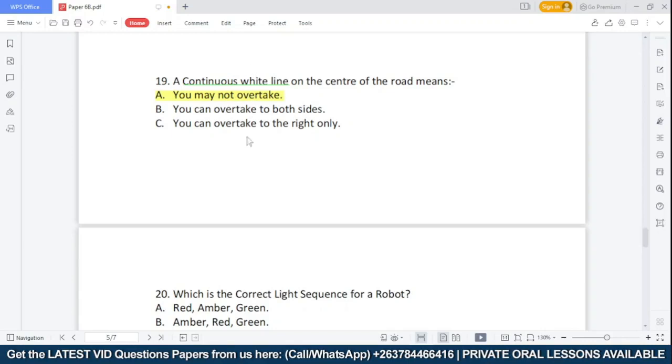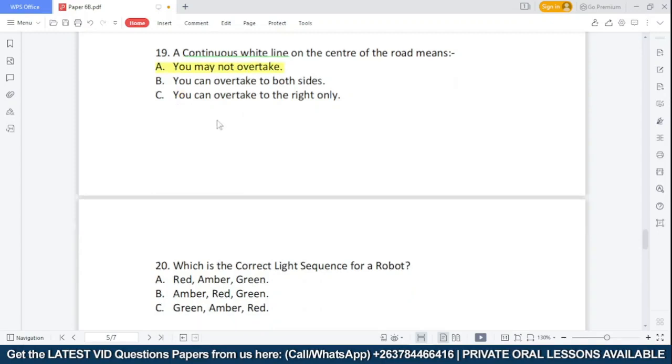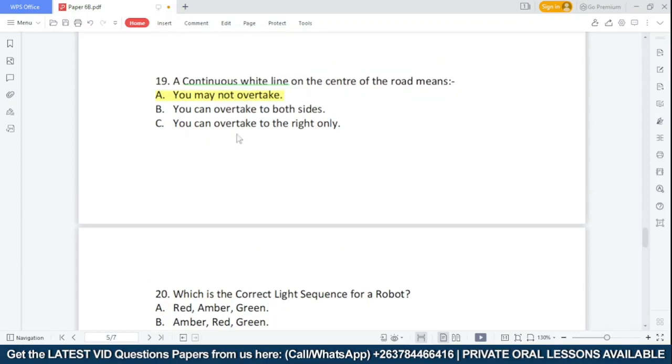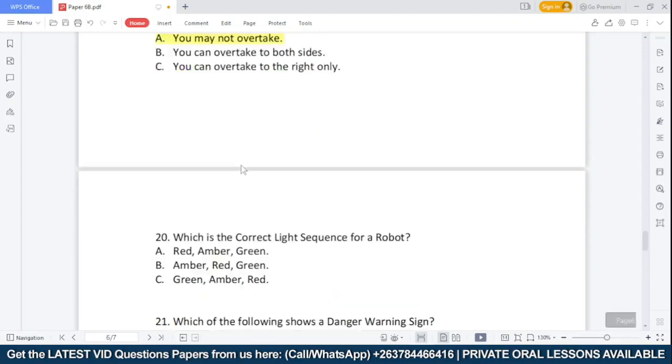What does it mean to you, should you overtake or are you not allowed to overtake? I'll leave that question for another video. I'll try to see if I can find some question papers that have that kind of question, but I will do it later. It's very simple.